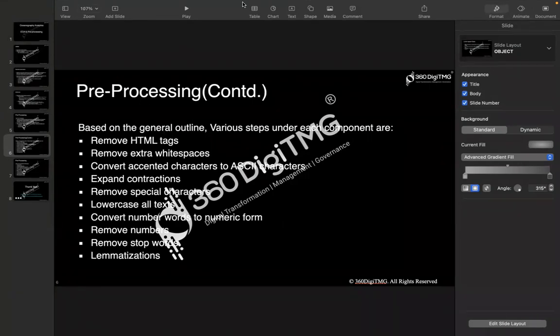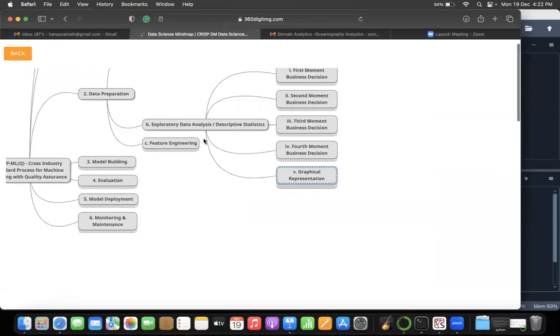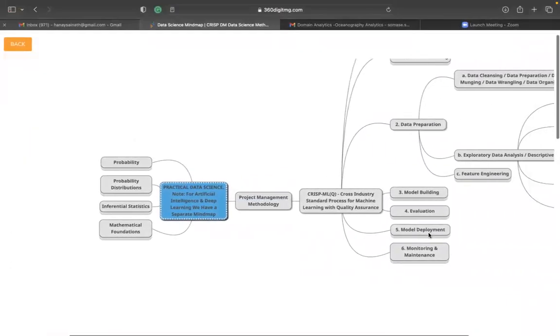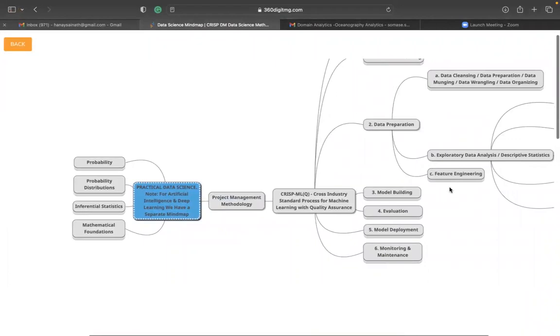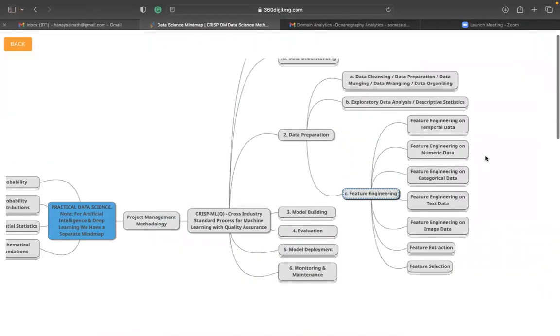Yeah, we have covered data pre-processing. So we will see what we have not covered. We have not covered feature engineering.